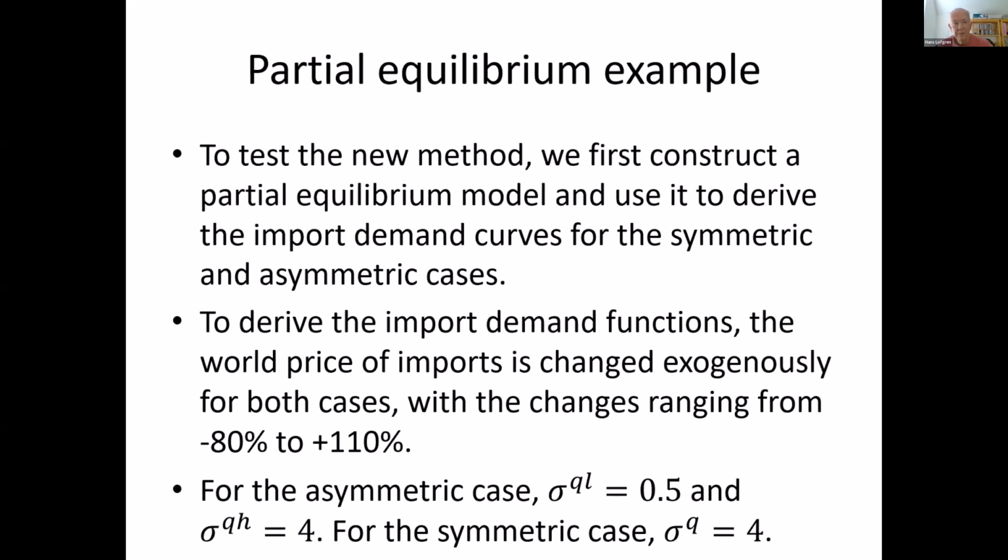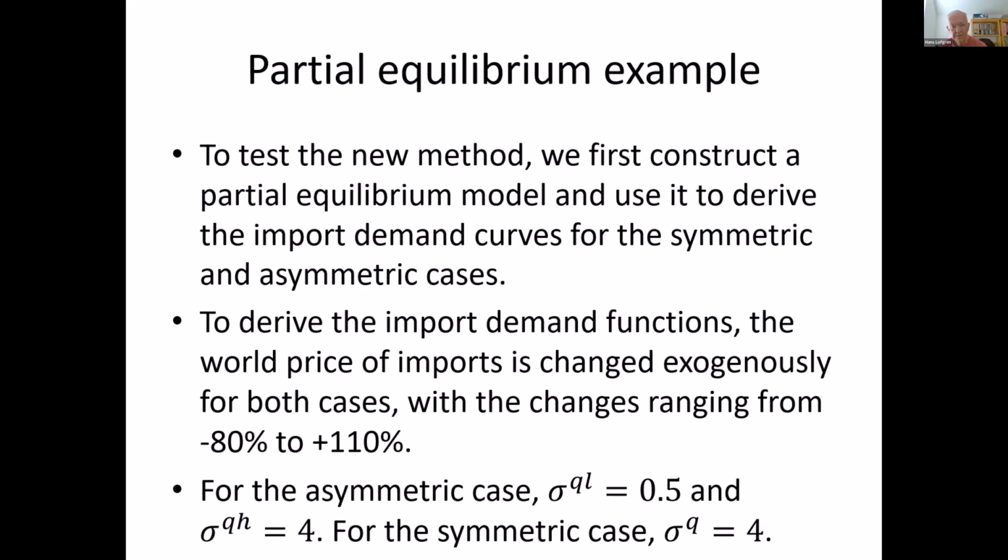When we proceeded with this, the first thing we did was to set up a partial equilibrium model and to test that it really worked for the asymmetric cases, comparing it to the symmetric case. So we developed this tiny model for one sector and a couple of equations, and we varied the price of import from minus 80% of the base to plus 110%, and looked at the results.